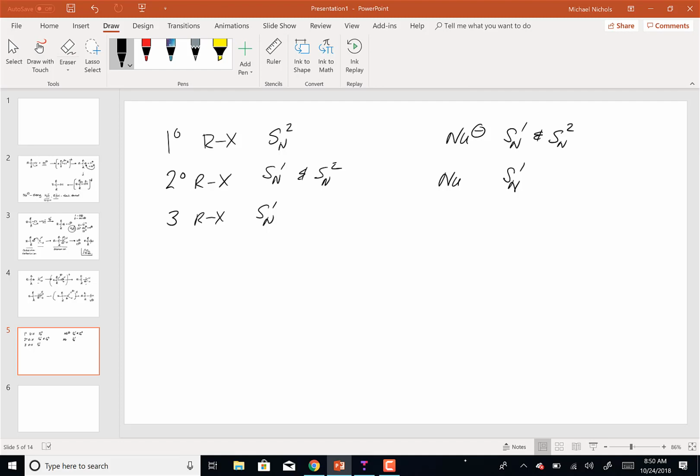So when we put those together, we can come up with a chart that says if you're primary and you react with a weak nucleophile, you get this reaction. If you're a primary and you react with a strong nucleophile, you get this reaction. And so that's what we need in order for you to be able to predict what reaction you're going to get.